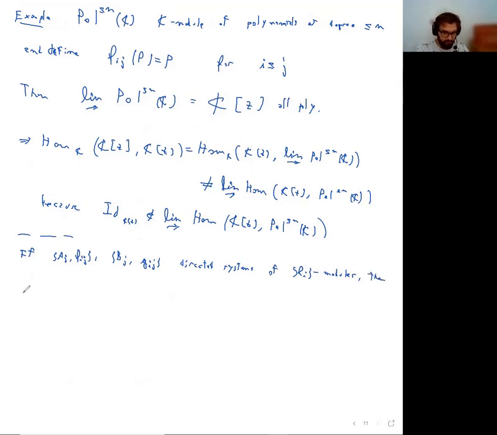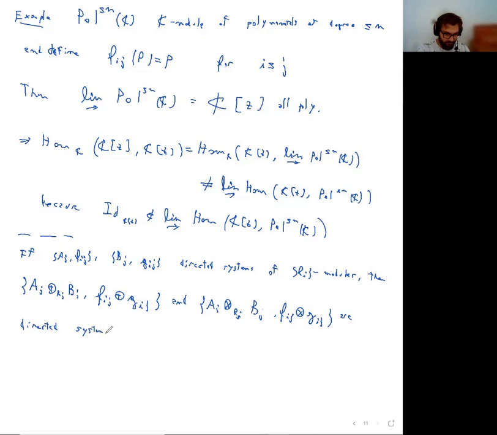Then both the sum, with the map being just the sum of the maps, so we basically act independently on the two factors, and the tensor product, tensor product over the correct ring, and here we take the tensor map, are directed systems of R modules. Okay.